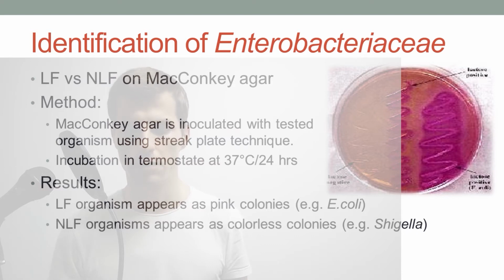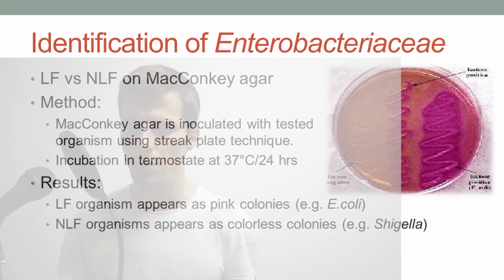The selective function helps to multiply in the culture media just gram-negative bacteria, and the differential one shows if the bacteria is able or not to ferment lactose in this very case.